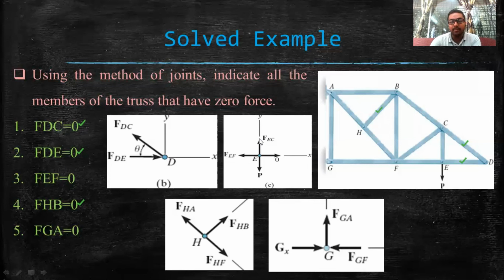Now, if we apply sum of Fx equals 0, that is the sum of all the horizontal forces equals 0, then we can see that FEF minus FED equals 0. Since member force FED is a zero force member, FEF will equal 0.